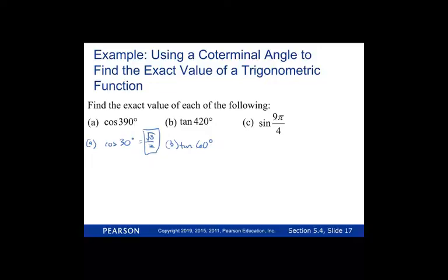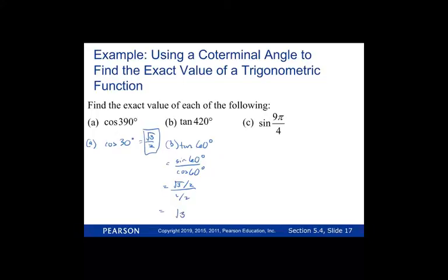What's cosine of 60? 1/2. So tan of 60 is, let's write it out. So tan of 60 is going to be sine of 60 over cosine of 60. We just said that's root 3 over 2 divided by 1/2. What's the result there? Just the square root of 3.